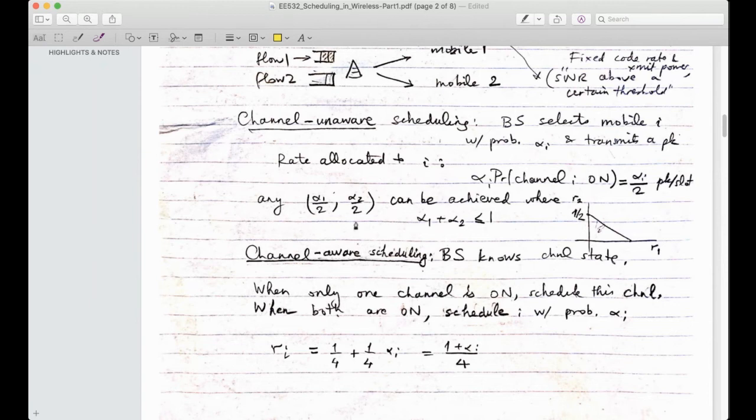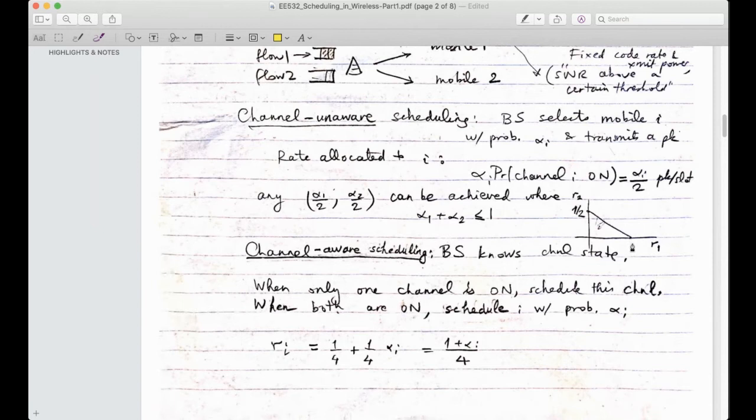And since the fractions alpha 1 and alpha 2 have to add to 1 at most, this is the achievable rate region by channel unaware scheduling. R1 and R2 take values inside this triangle, with corner points at 1/2, 1/2.